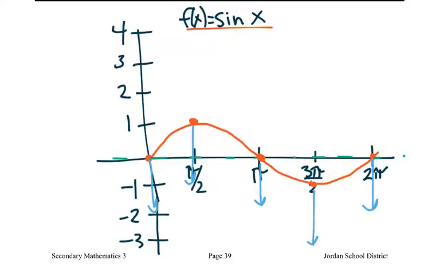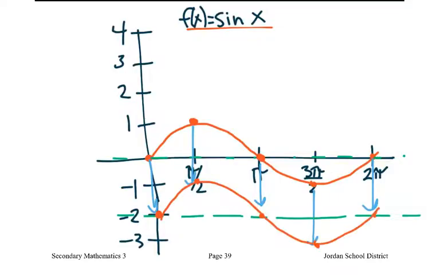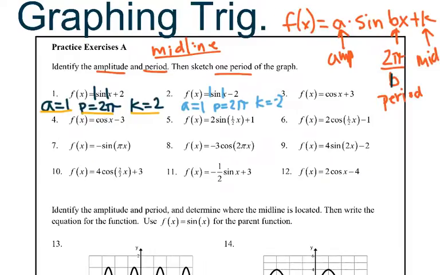Okay? So that midline shifts down to negative 2. And then I start out at 0. Then I go up 1, back to 0, down 1, back to 0, and it's like that. Okay?